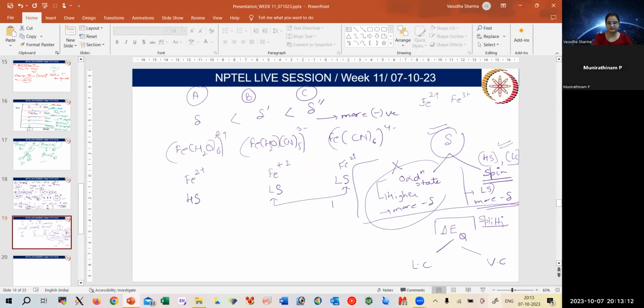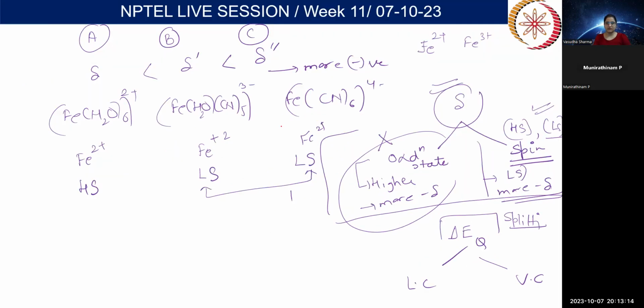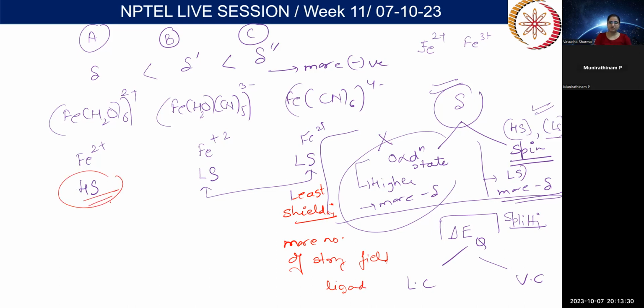Just a second. So this one is going to have the least shielding effect because it has more strong field ligands. So now you tell me, if a complex is high spin, do you think delta value has to be more negative or more positive? More positive. Yeah.